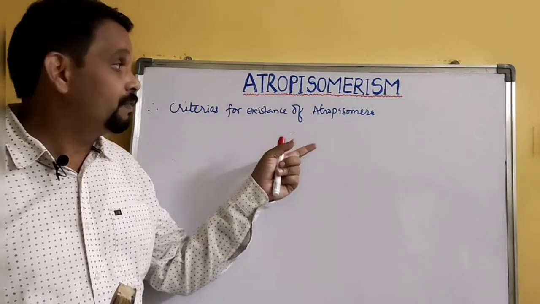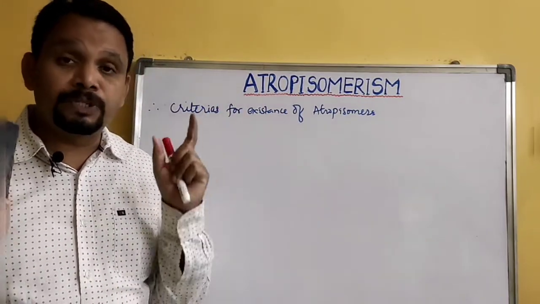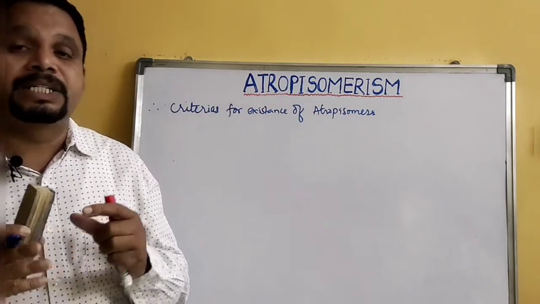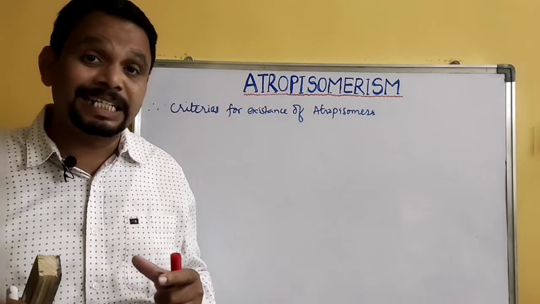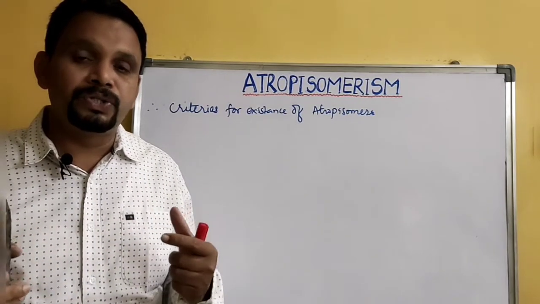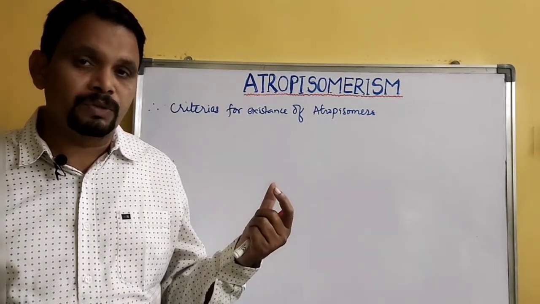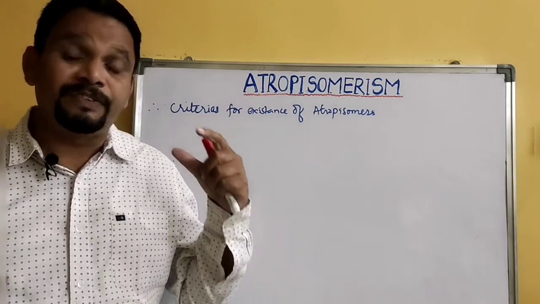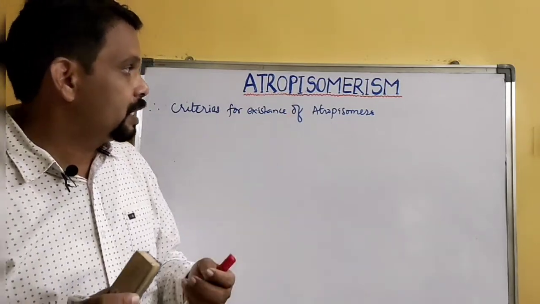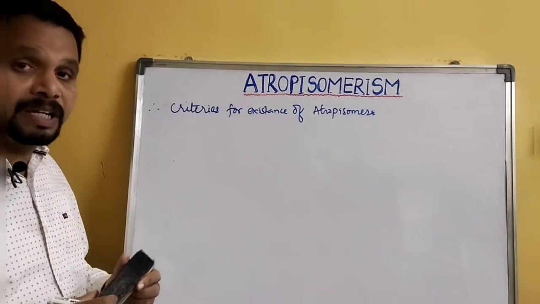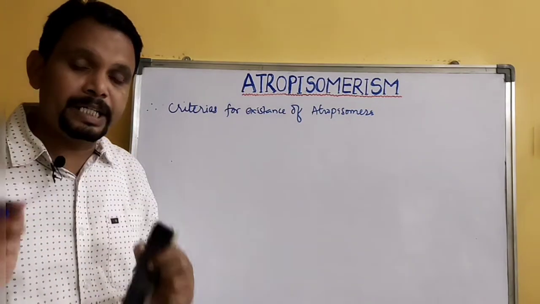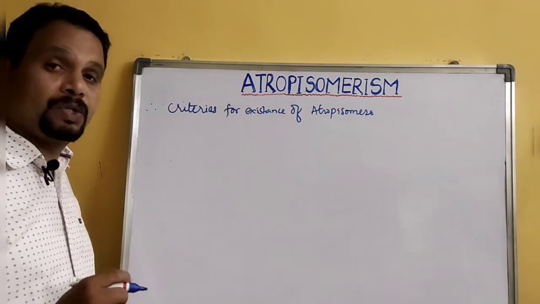Atropisomers are the existence of independent stereoisomers by restricting pivotal bond rotation, or by substituting sufficiently bulky groups at ortho positions. That phenomenon is called atropisomerism, as I said previously. So there are two criteria for the existence of atropisomers.